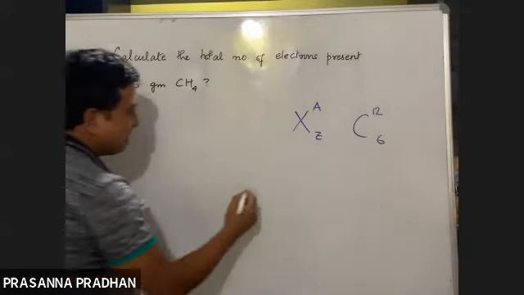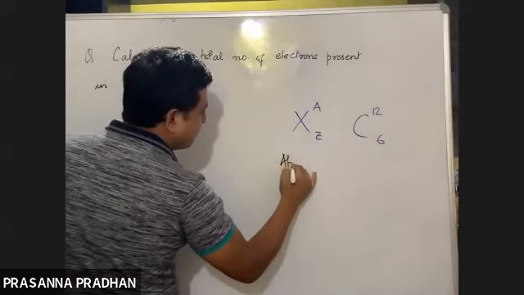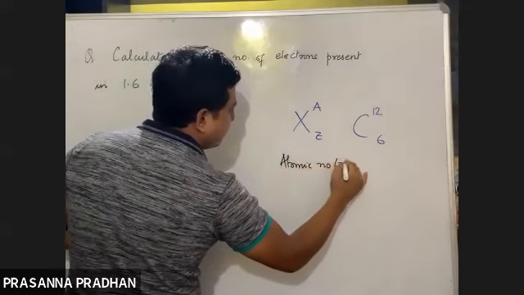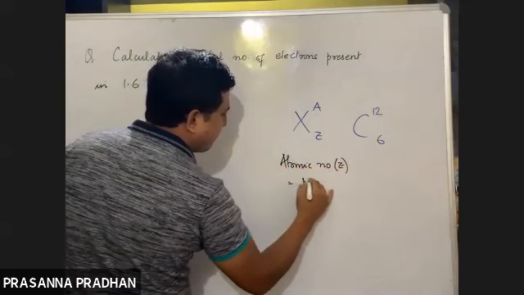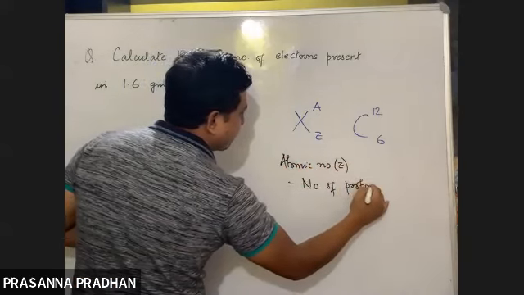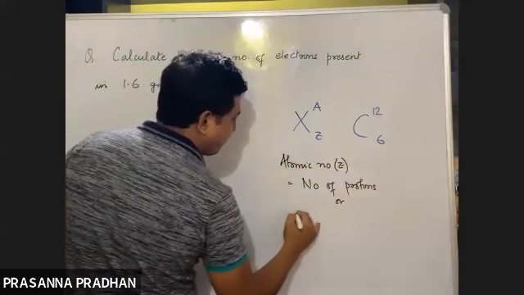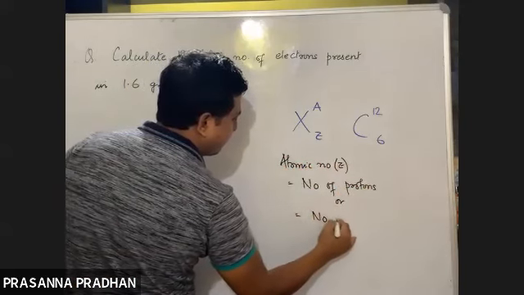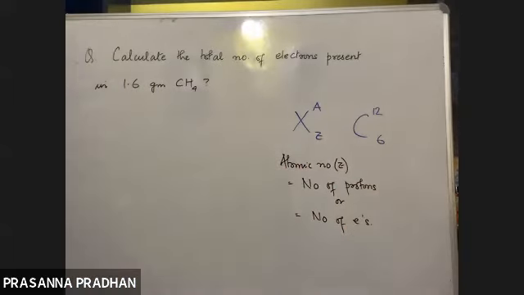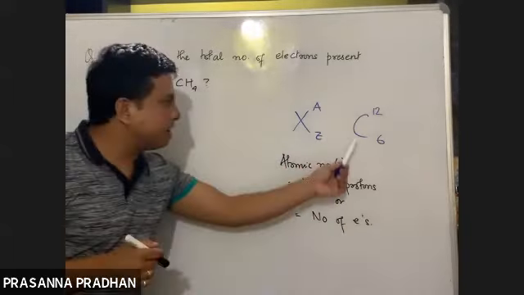And what is the definition of atomic number? Atomic number Z is equal to the number of protons, or this is also equal to the number of electrons present in an atom.